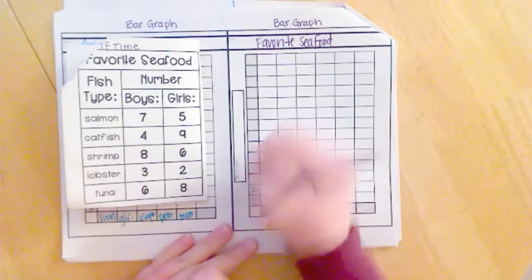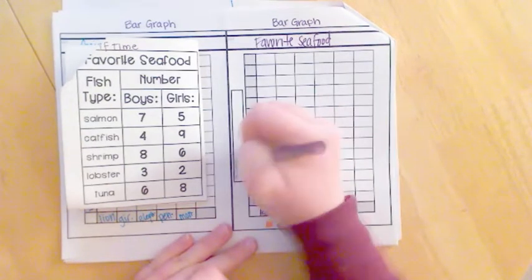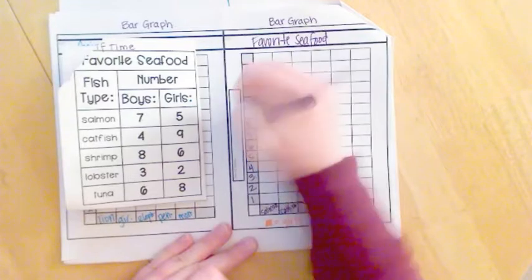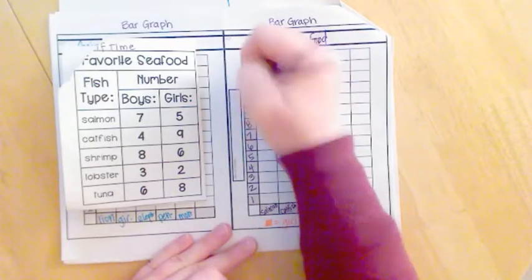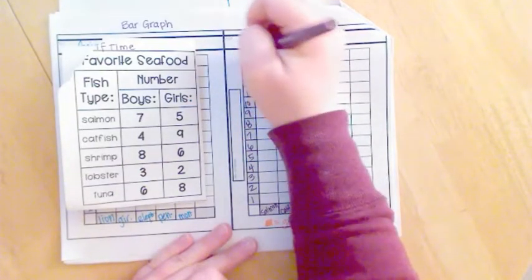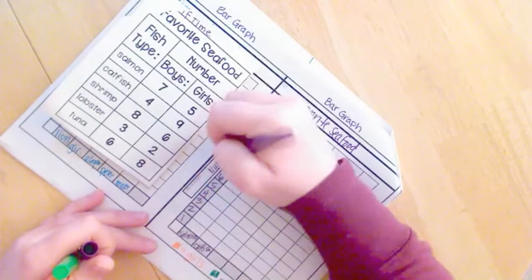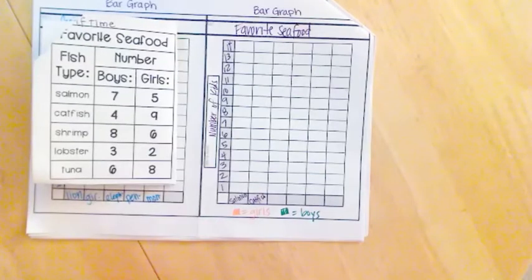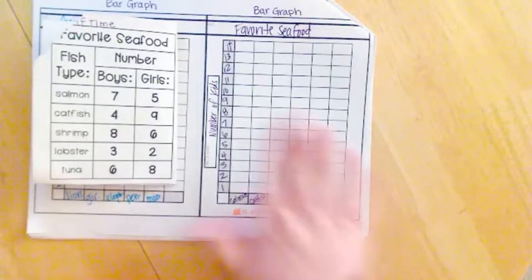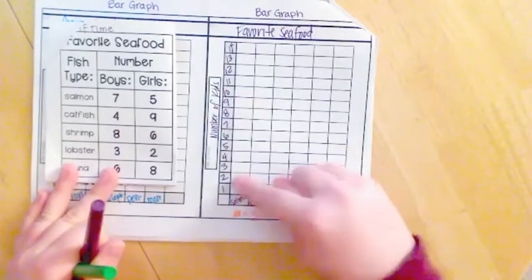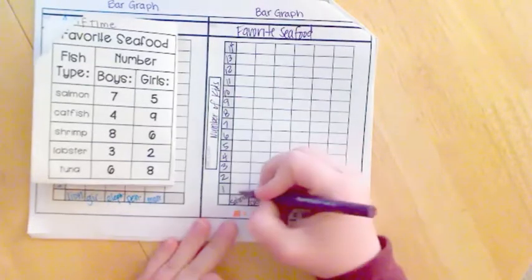So 1, 2, 3, 4, 5, 6, 7, 8, 9, 10. And this is number of kids. Okay, so for salmon, now, if I'm doing 1 box here, remember I've got to split it in half, okay?